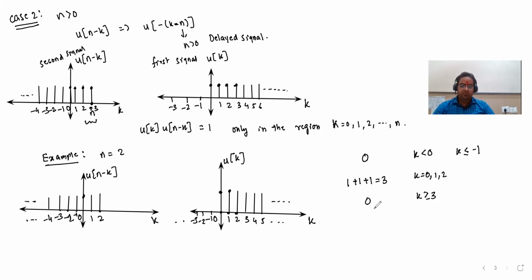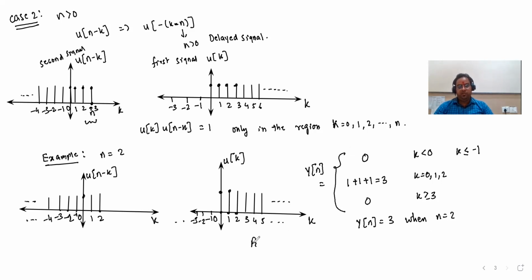So in a general case, the outcome of this convolution, y of n, was equal to 3 when n was equal to 2.